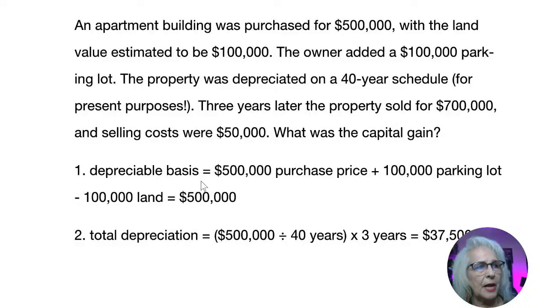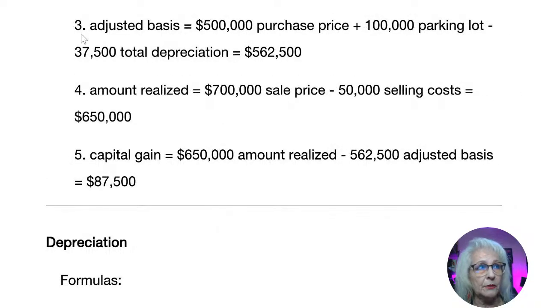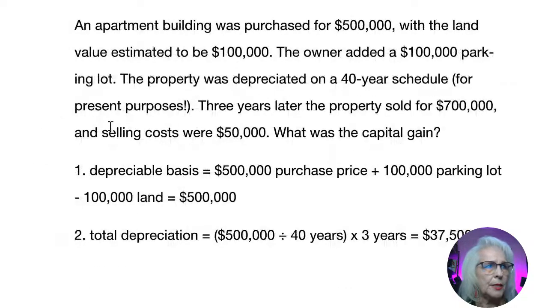So you've got the depreciable basis, the total depreciation for 3 years. Now we want to know what the adjusted basis is today. 500,000 purchase price plus 100,000 parking lot minus 3 years of depreciation equals 562,500. Don't include the land here. That was already included when calculating the depreciable basis.